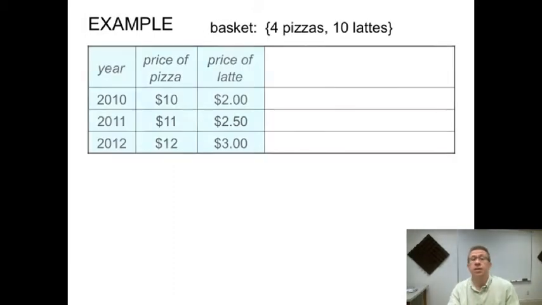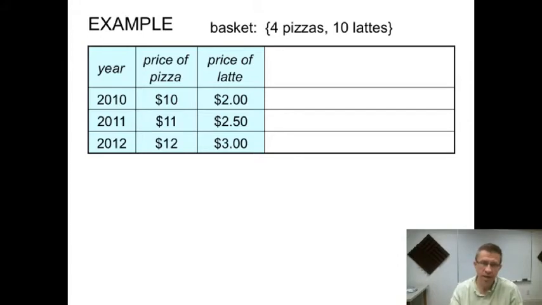So we've got a basket. Our basket consists of 4 pizzas and 10 lattes. What I'd like you to do is start off on your own. I want you to pause this, figure out what is the cost of the basket for the 3 years, and then using 2010 as the base year, what is the CPI level for all 3 years?